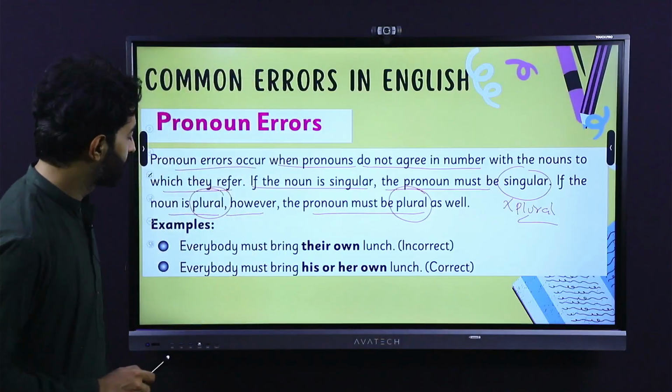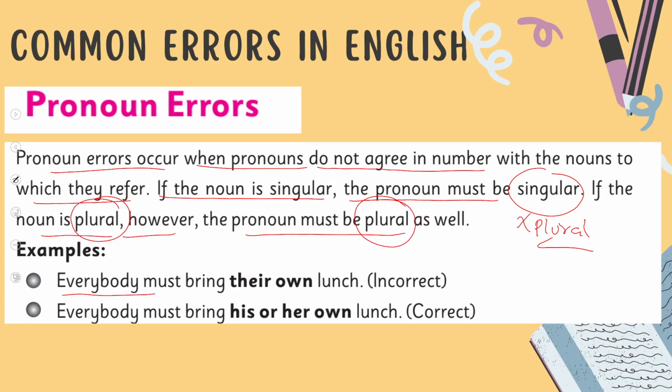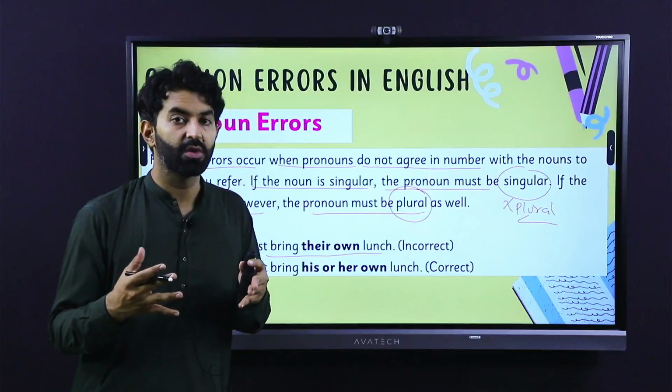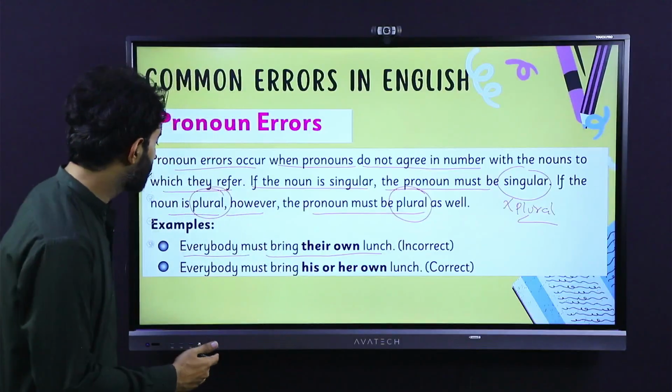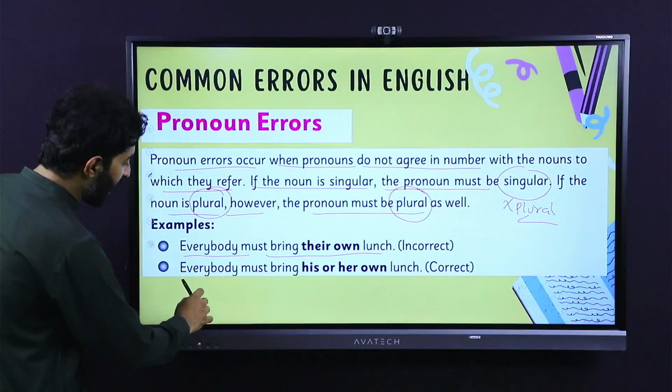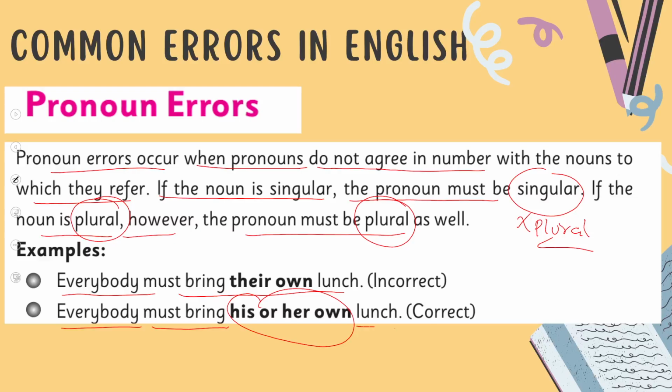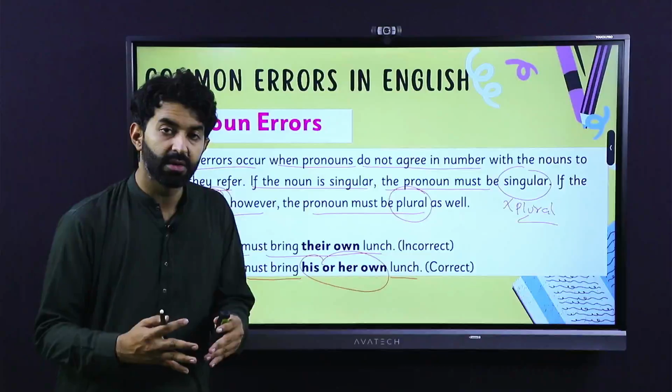For example, everybody must bring their own lunch. Now this is incorrect because the noun and the pronoun are not agreeing with each other. We would say everybody must bring his or her own lunch. Now you can see that everybody is including everyone from every gender.